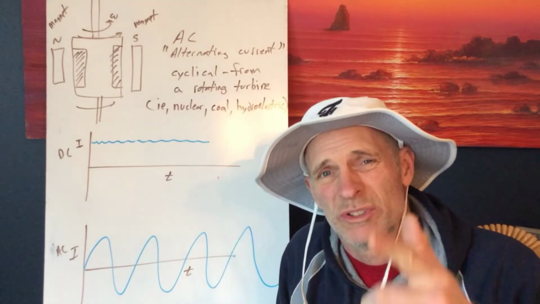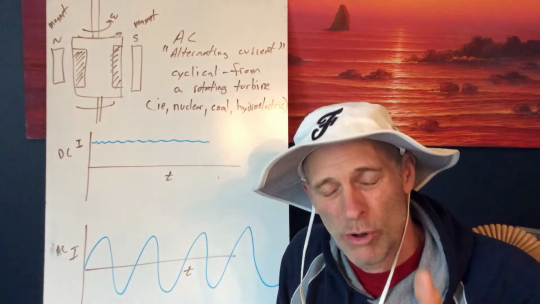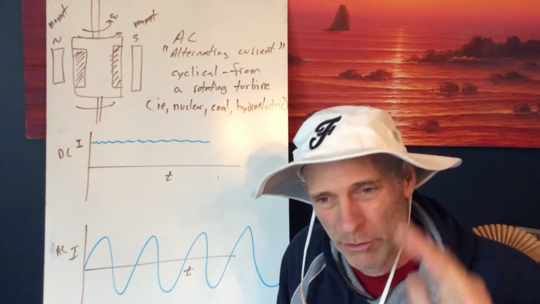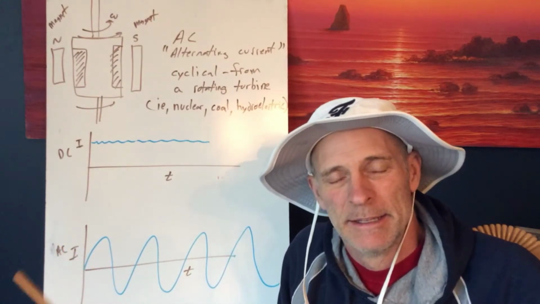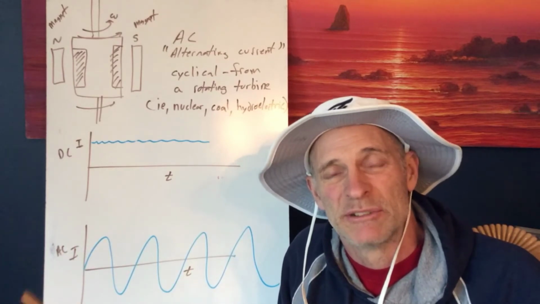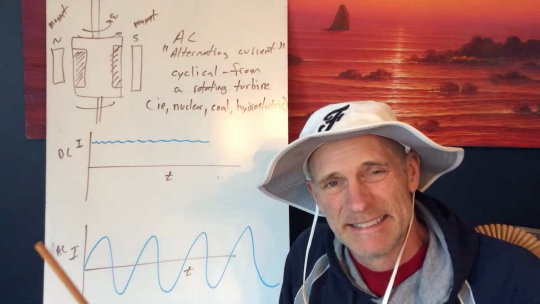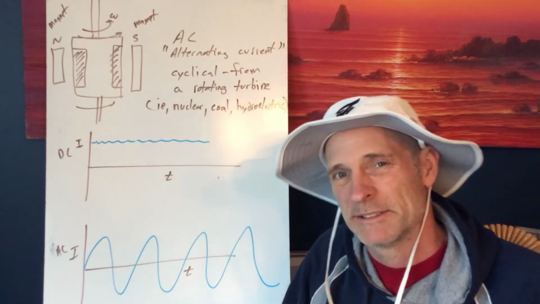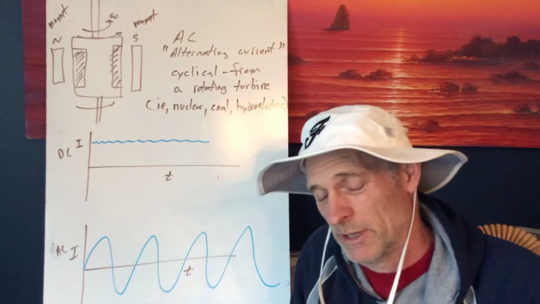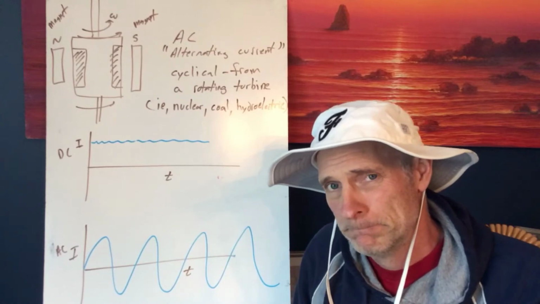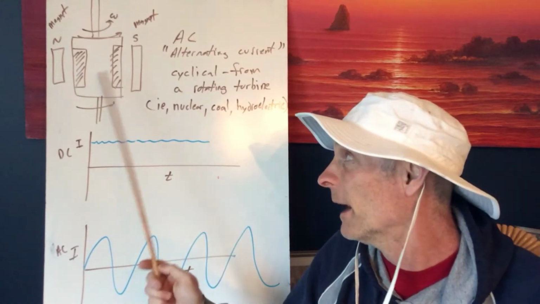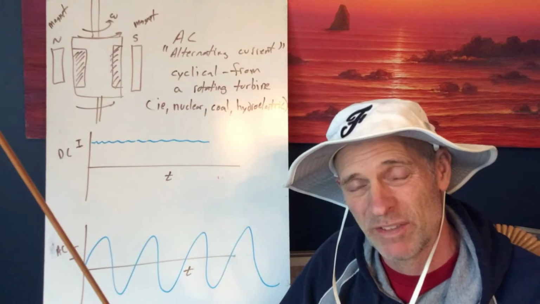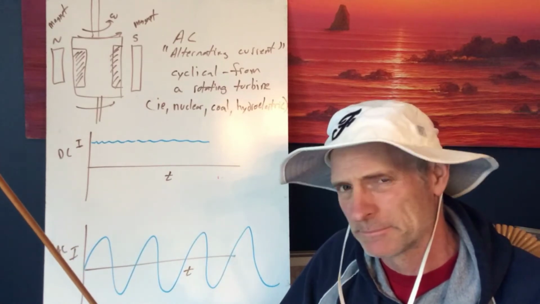Somewhere we are using either gas or coal or running water or nuclear decay to make something turn around. A turbine somewhere in the plant is turning around. And by the magical process of electromagnetic induction, which we're talking about later, the turning of that turbine within a magnetic field produces electricity.